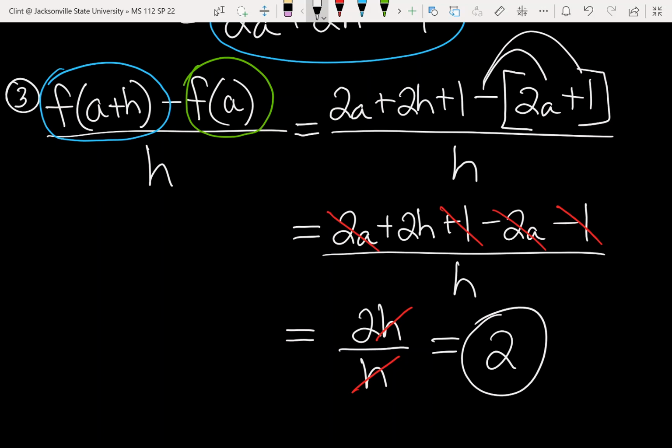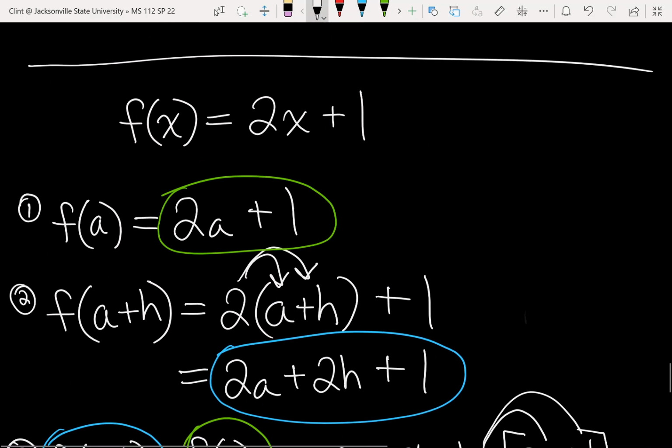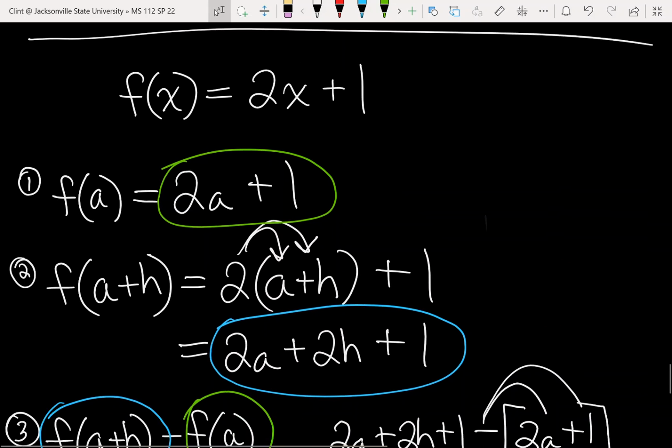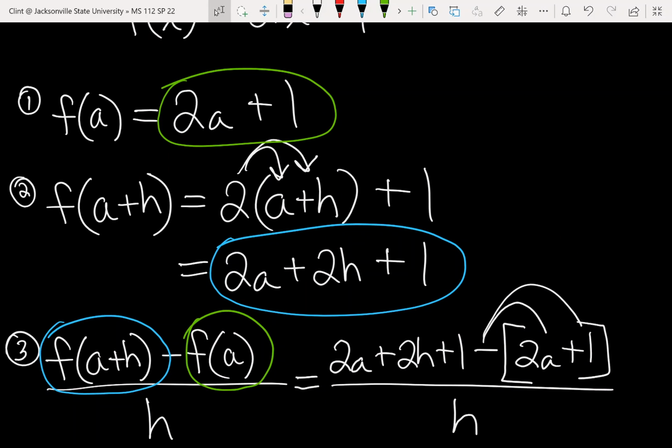So one of the problems in WebAssign, I'll walk you through that too. It'll give you a function. It'll say find f of a, so you just plug in a where the x was. It'll say find f of a plus h. So put parentheses wherever your x's were in the function, fill in a plus h, and then simplify it out as much as you can.